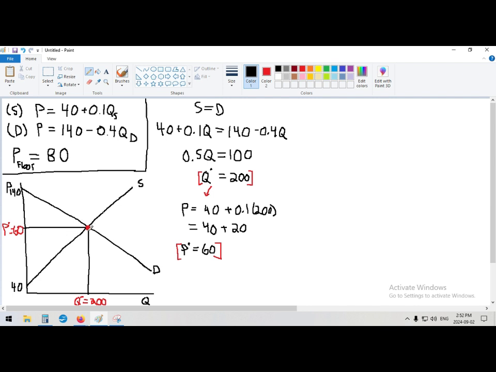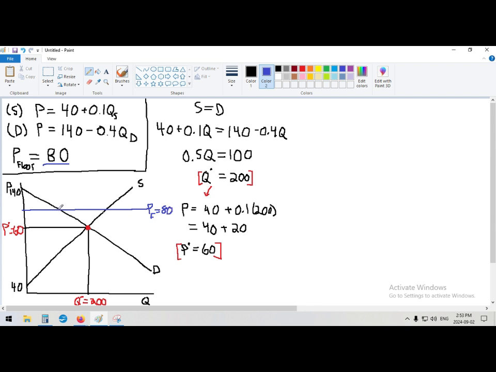Now that we have the competitive equilibrium, we can figure out what's going on with the price floor at $80. We know where it lies. It lies above 60, so it's going to be up here. Let's draw in the price floor of 80.